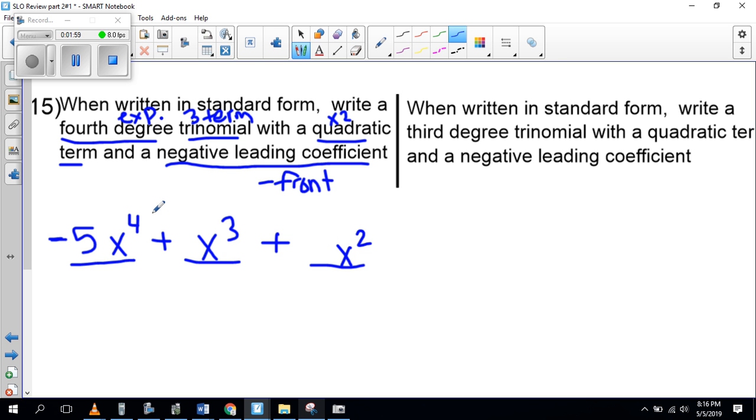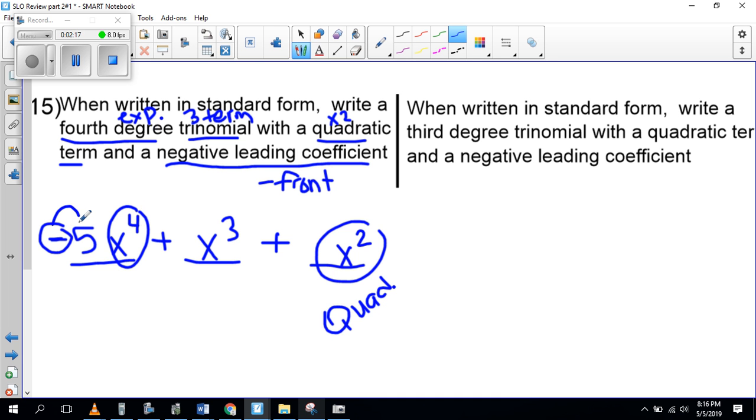And then it says I must have a quadratic term. Here's my quadratic term. And here's my 4th degree. I gotta have a 4th degree trinomial, and my leading coefficient must be negative. So my leading coefficient is -5. So I'm perfect when it comes to that.